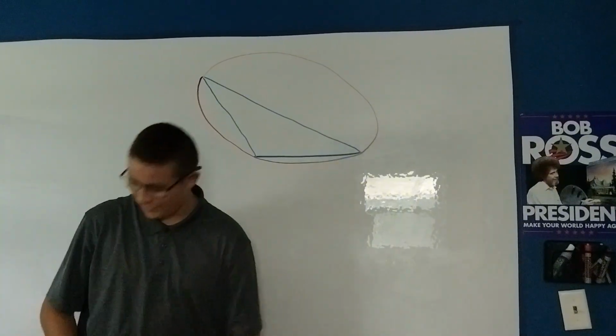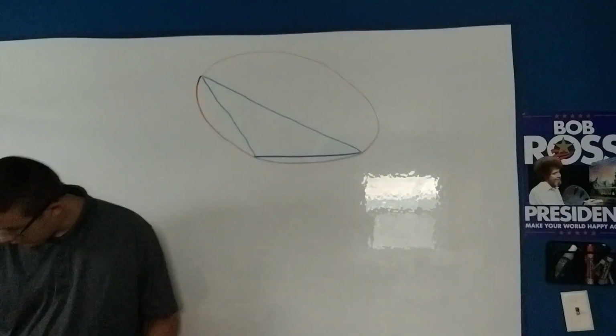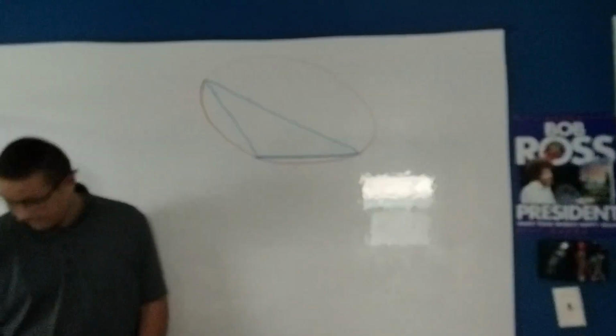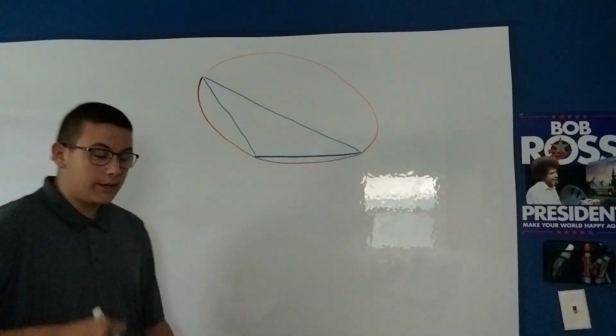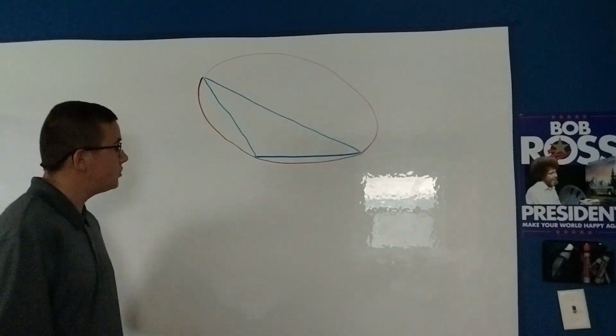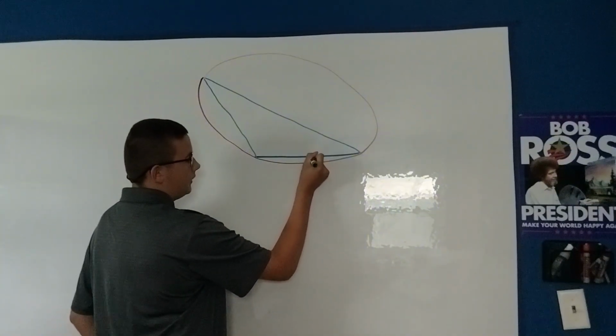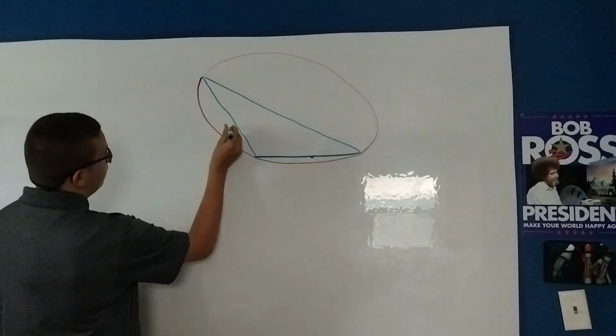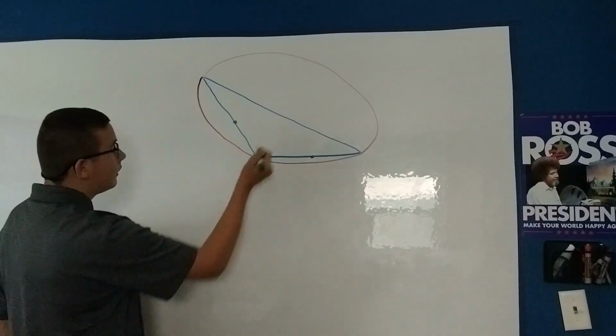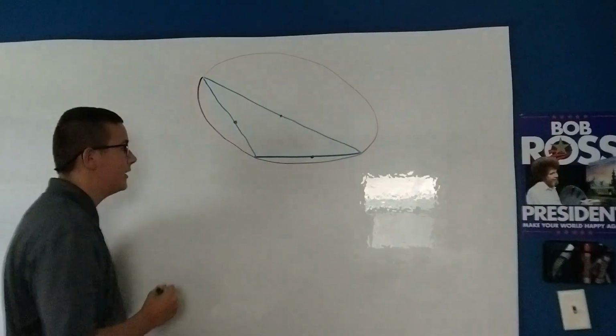Looks like a lemon, a red lemon. And take the green pen. And again, we want to find the midpoint of each side. So I'll say about here, here, and here-ish.